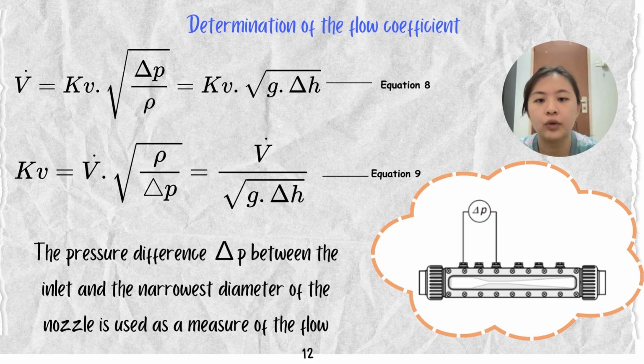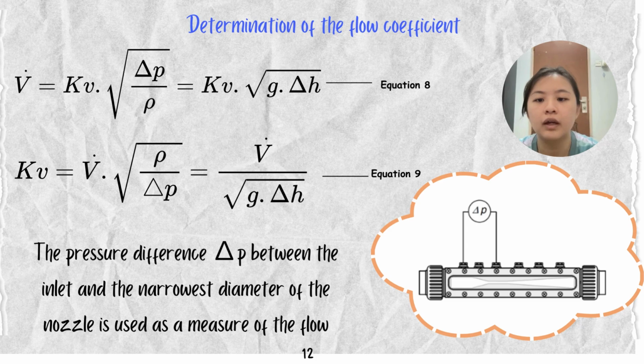For this part, we are going to determine our flow coefficient. Equation 8 is the relationship between the volumetric flow rate and the flow coefficient kV. We rearrange it to get equation 9, making kV the main subject.